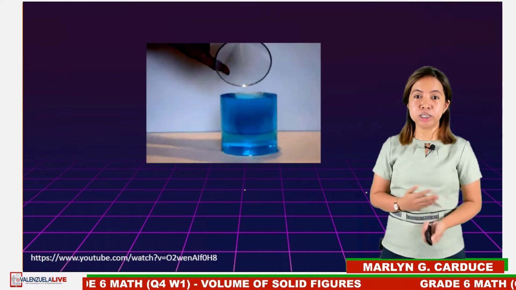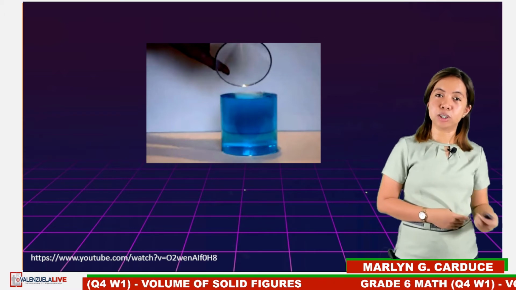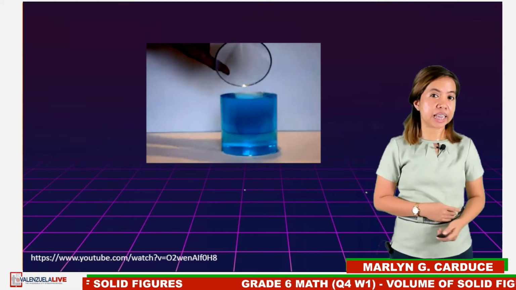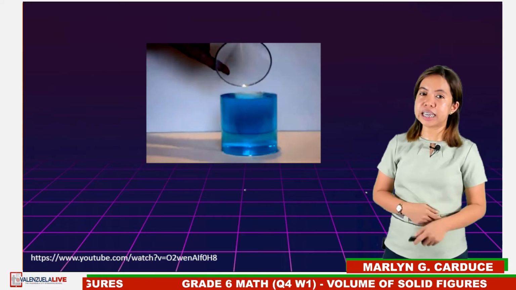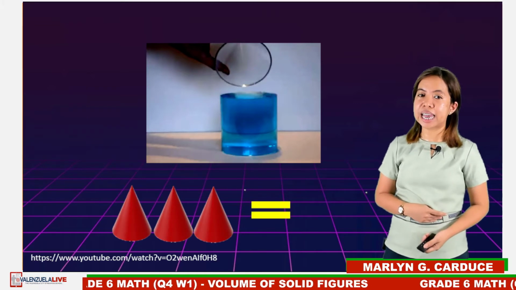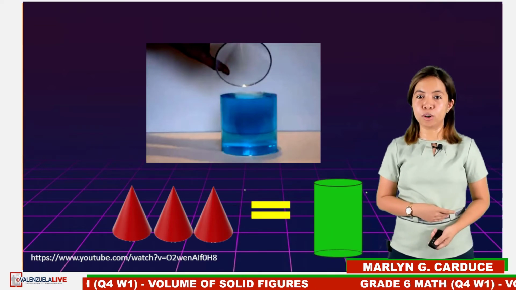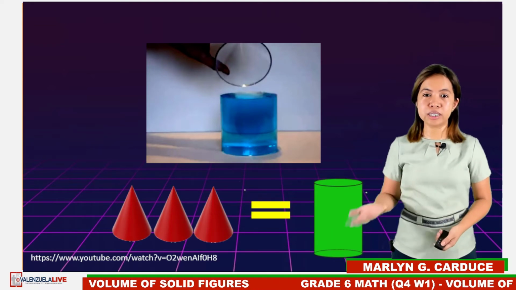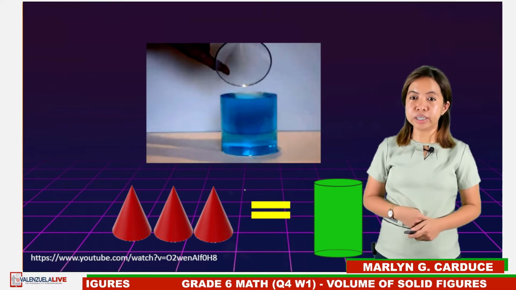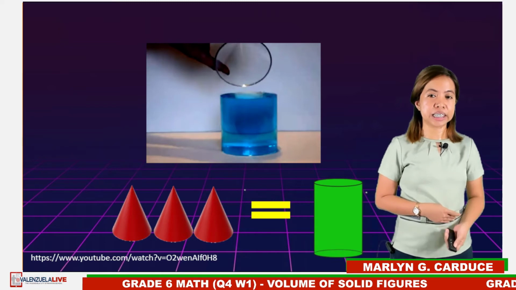So this relationship means that if the cone and a cylinder have the same circular base and height, then we can say that the volume of a cylinder is 3 times the volume of the cone. Or vice versa, the volume of the cone is 1/3 the volume of the cylinder.